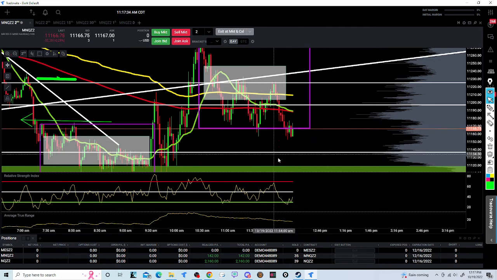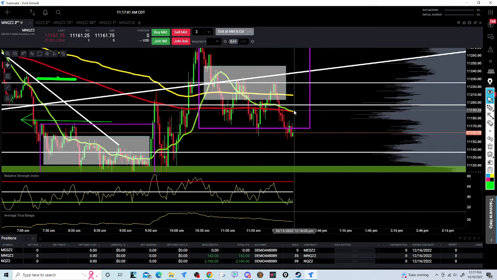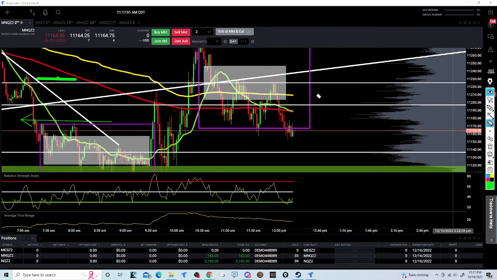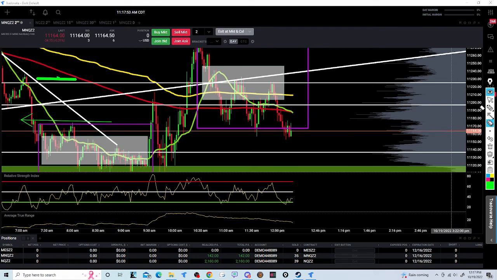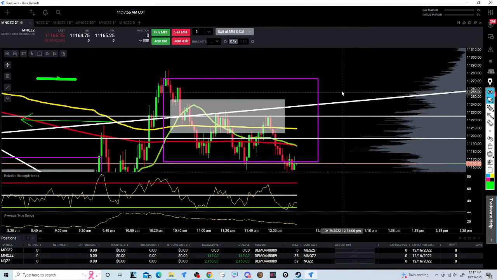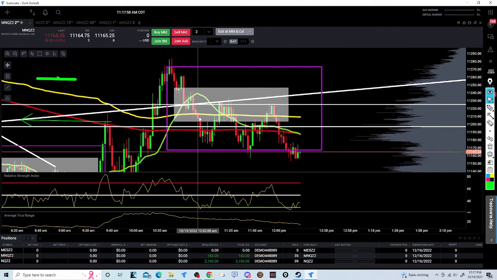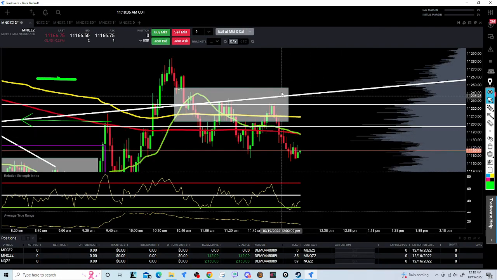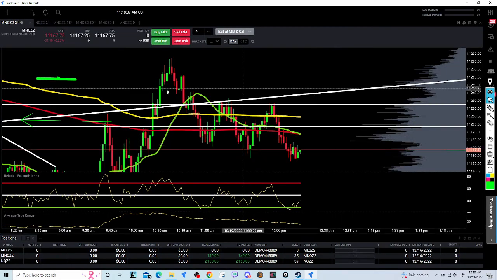Even though this is breaking out to the downside, there are plenty of other ways to trade, right? But right now, we're only focusing on ranges, okay? Once you guys have the ranges down, we'll focus on something else, and we could trade this a totally different way, all right? But right now, I want you guys to have the range mindset, all right? I want you to know how to start building a range and trading a range. Okay, guys?